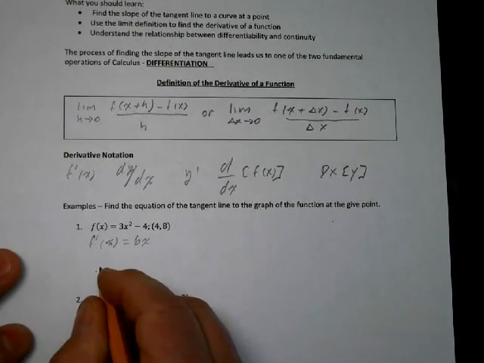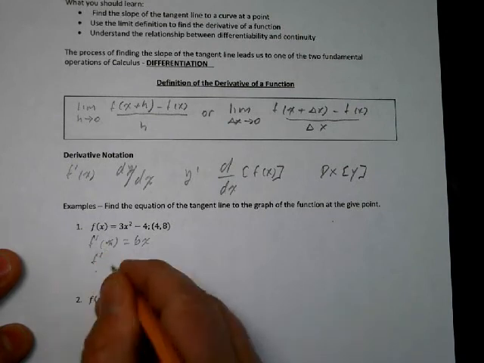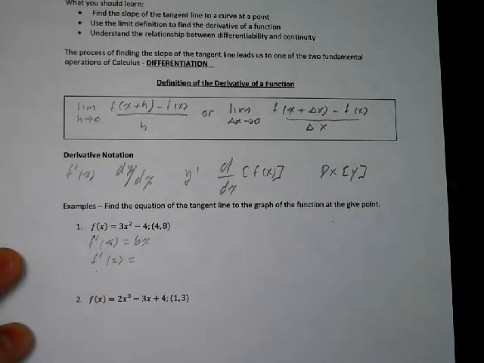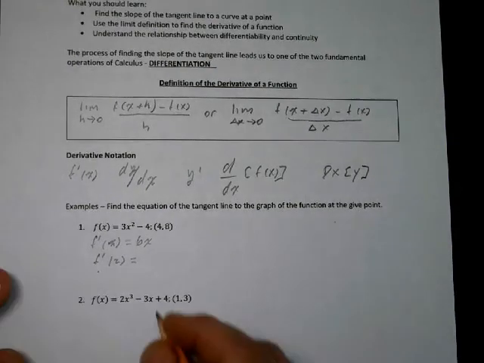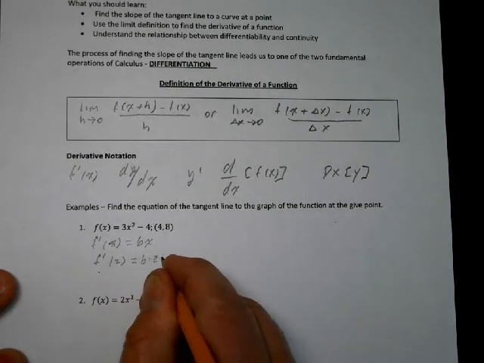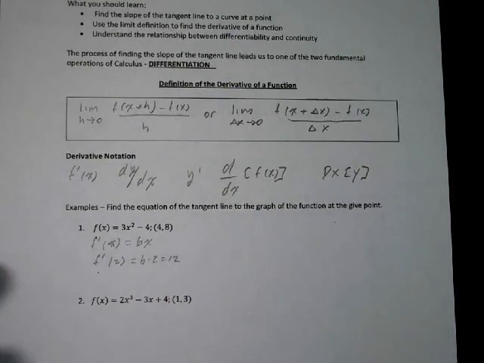Now my next step is to find f prime of 2, because I want to know what the slope is when x is 2. So that slope is 12.